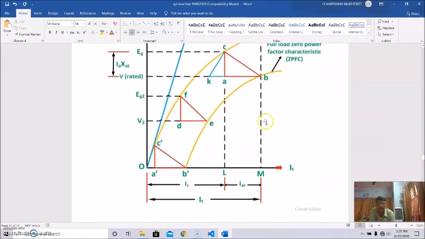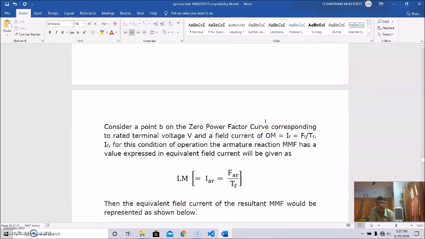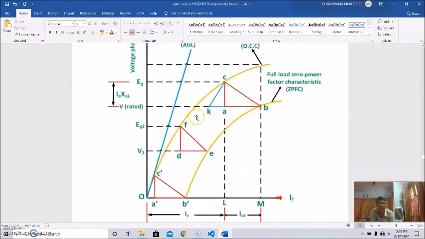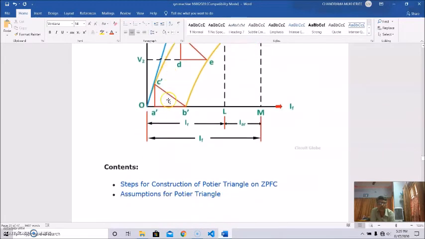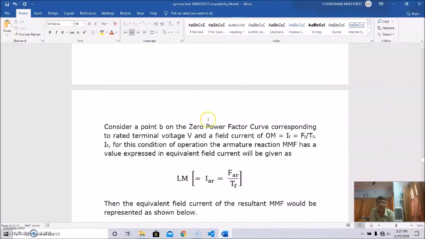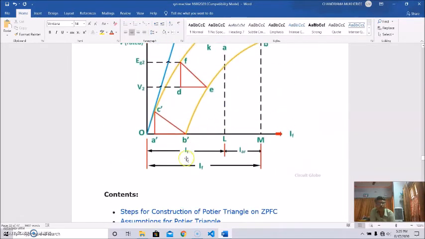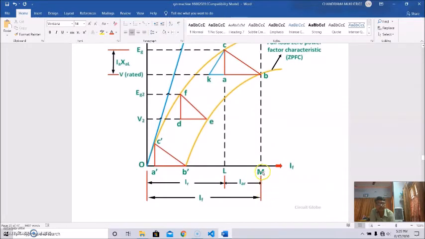So this B on the zero power factor curve corresponds to the rated terminal voltage V. Basically, this is the rated terminal voltage corresponding to the zero power factor characteristics curve. This B depends on the rated terminal voltage, and the field current OM. This is the field current required for this rated voltage.